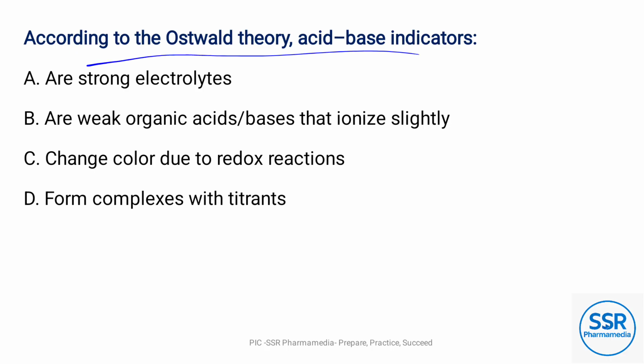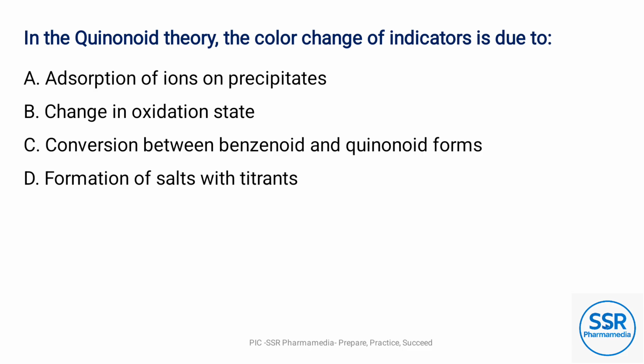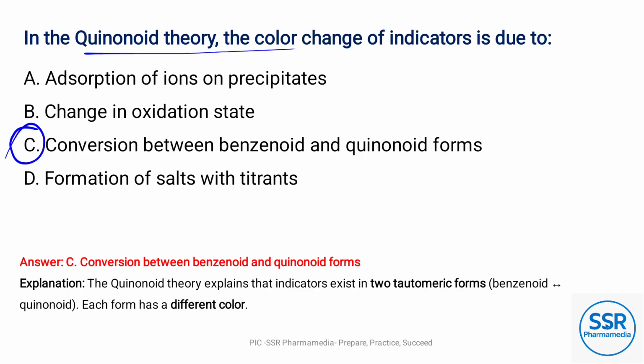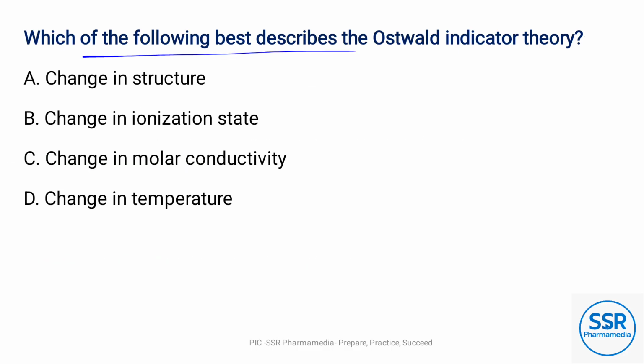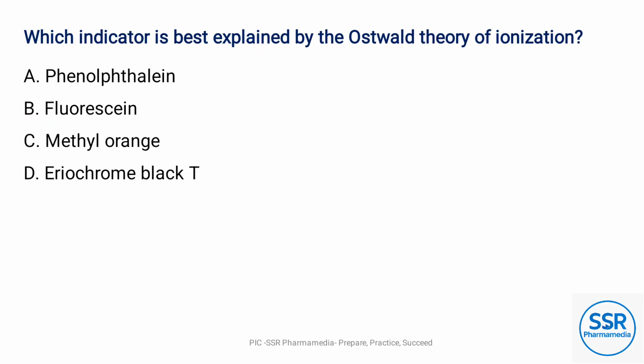According to Oswald theory, acid-base indicators are weak organic acids and bases that ionize slightly. In quinonoid theory, the color change of the indicator is due to, option C, conversion between benzenoid and quinonoid forms. Which of the following best describes the Oswald indicator theory? Option B, change in ionization state.